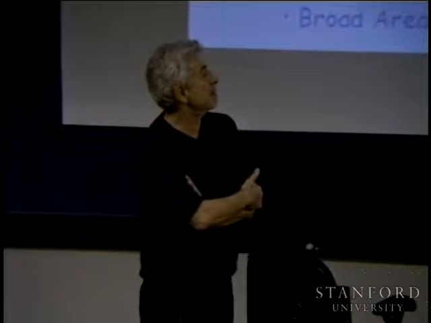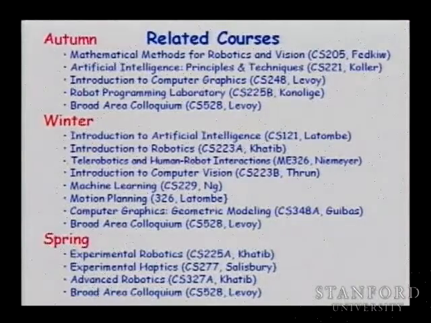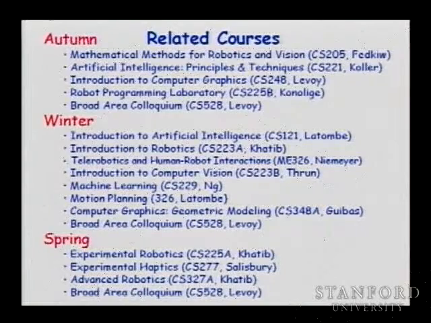Well, the development in robotics has many aspects and many forms, and at Stanford we are fortunate to have a large number of courses offered in different areas of robotics, graphics, computational geometry, haptics, and all of these things. You have a list of the different courses offered all along the year.